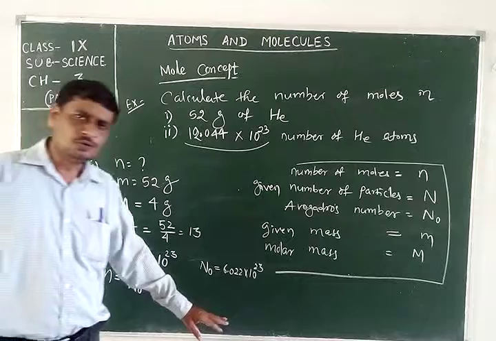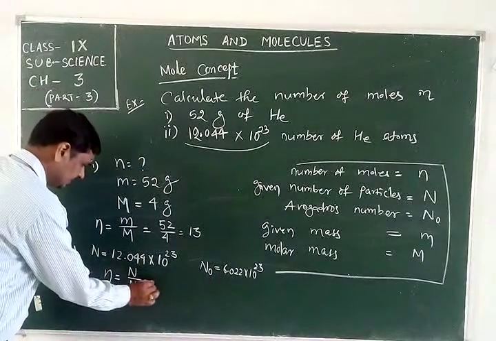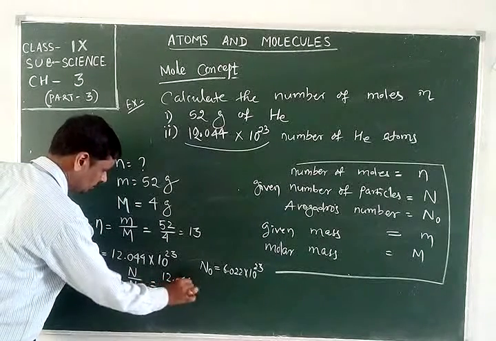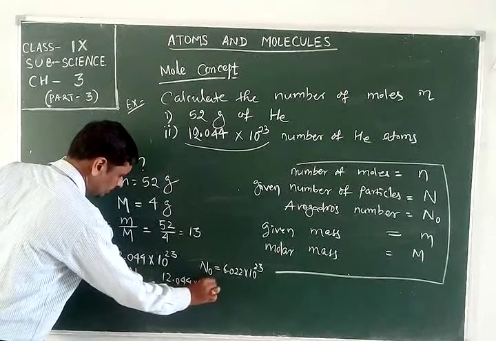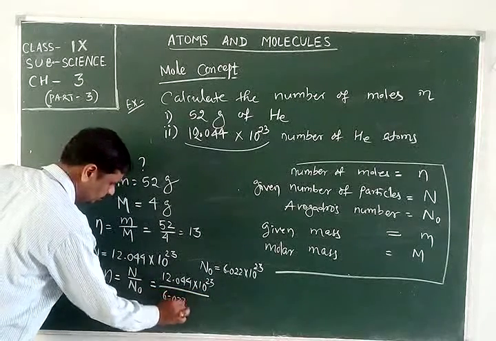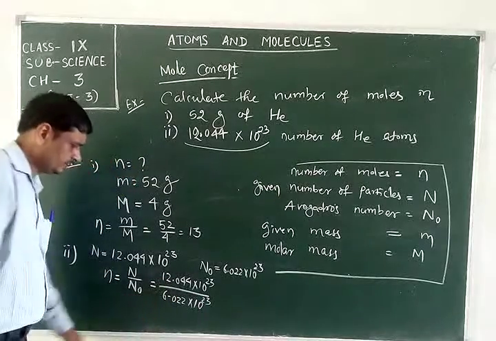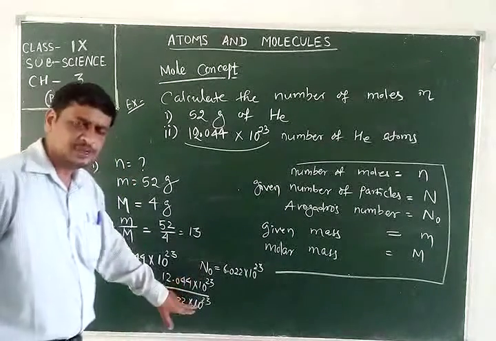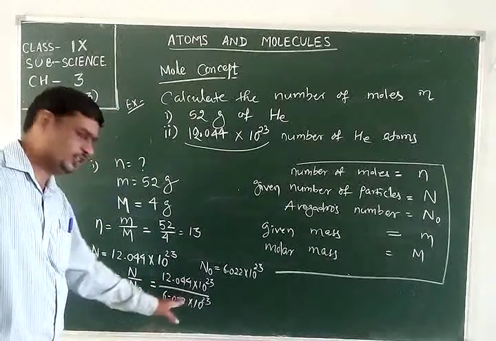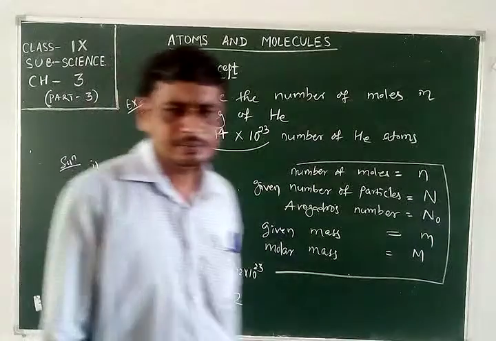Now we put the values: 12.044 into 10 to the power 23 divided by 6.022 into 10 to the power 23. 10 to the power 23 cancels, and 12.044 by 6.022 gives 2. The number of moles becomes 2.